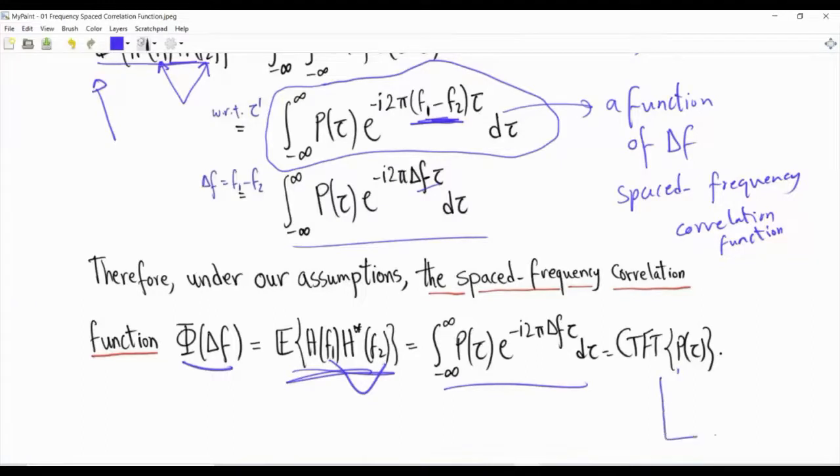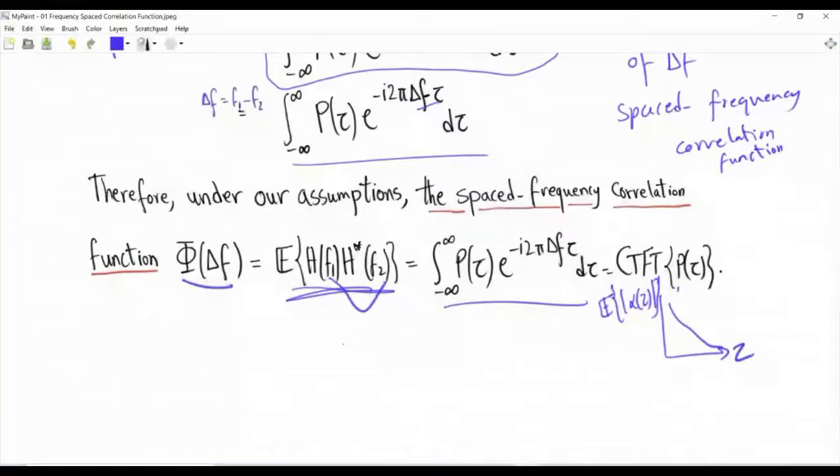Remember that this, as a function of tau, is the expectation of the magnitude of alpha of tau squared. Typically it is a decreasing function with a certain width going from some tau min to some tau max. This is the spaced frequency correlation function, and from it we will now talk about the concept of the coherence bandwidth of the channel. Any questions?